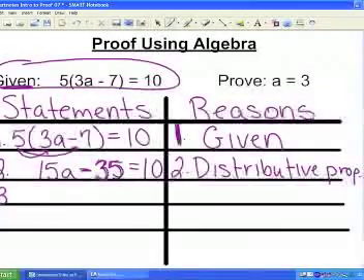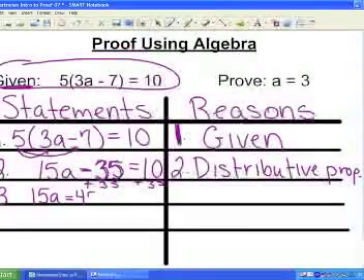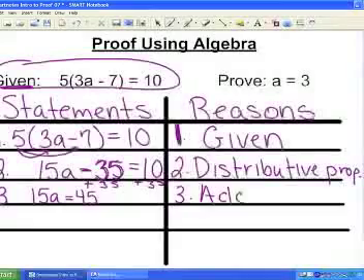What a proof does is show you what happens after you perform the operation. If you just want to tack it underneath so that you have it for your own work, you could do that as well. So if I add 35 to both sides in step 3, I'm left with 15a is equal to 45. What did I do to both sides? I added 35 to both sides. So this is the addition property.